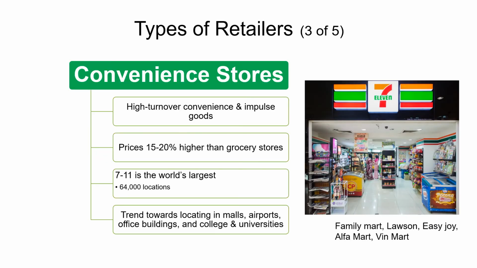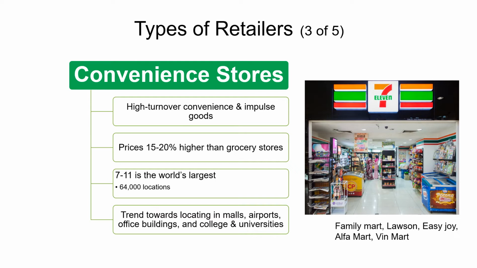Types of retailers continue with convenience stores. In terms of square footage, convenience stores are the smallest organized retail stores discussed here. Convenience stores have high turnover of convenience and impulse goods.